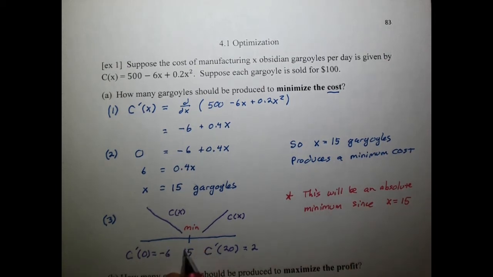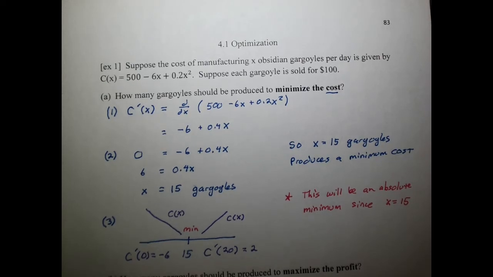But if you look, there's only one critical number here. There's only one place where there's a max or a min potential. So there's not a whole lot going on with this graph. It's decreasing and then it's increasing, which means this relative minimum is pretty much going to have to be an absolute minimum. If there were a lot more things going on, if there were a lot more increases and decreases, we would have to look at the graph to be able to be sure if it's an absolute minimum or not.